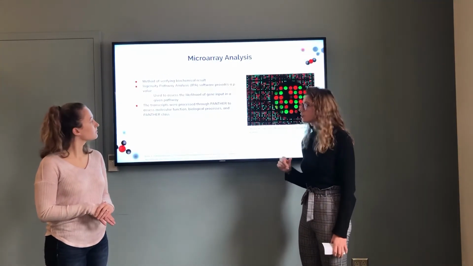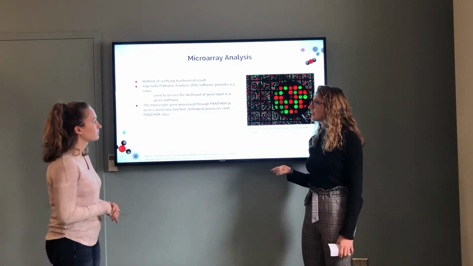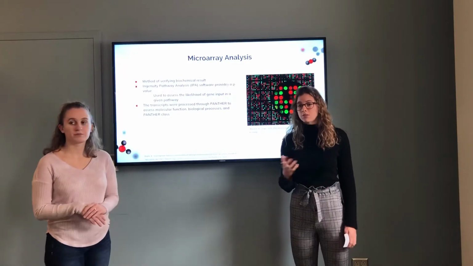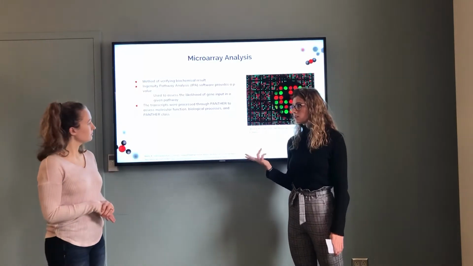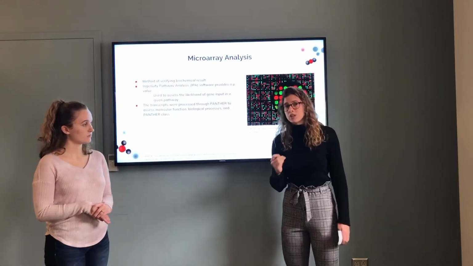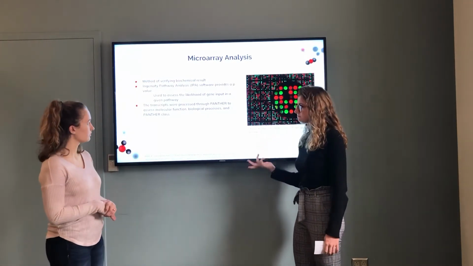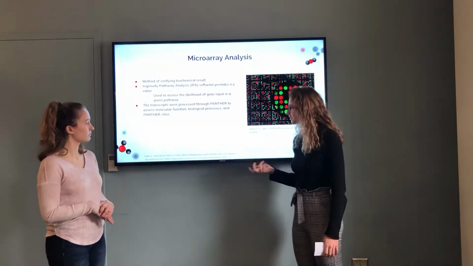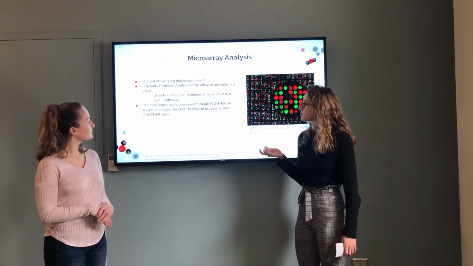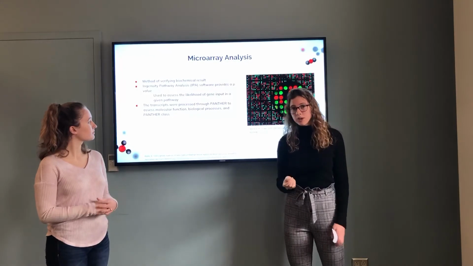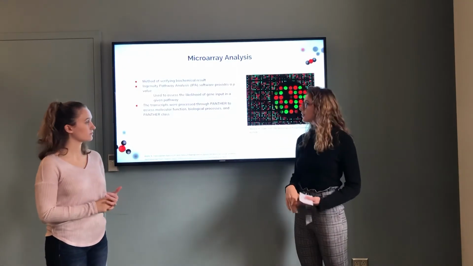In the set of these circumstances, the p-value assesses the likelihood of gene input on the given pathway, like Peyton said, to see the molecular level at which hepatoprotection was productive. The transcripts were then processed through the Panther bioinformatic program to assess the molecular function, biological processes, and the Panther class.